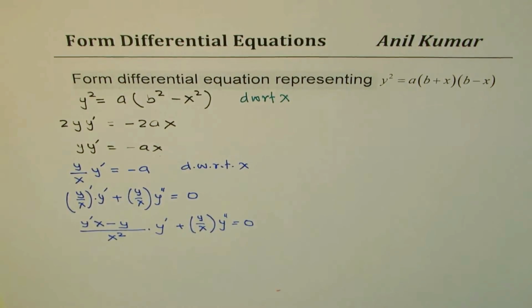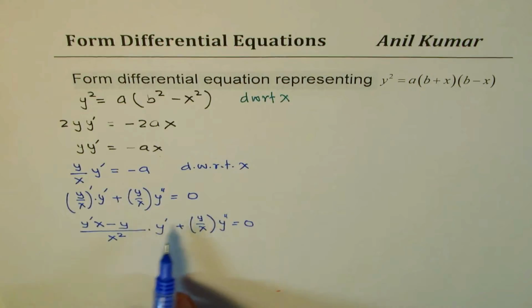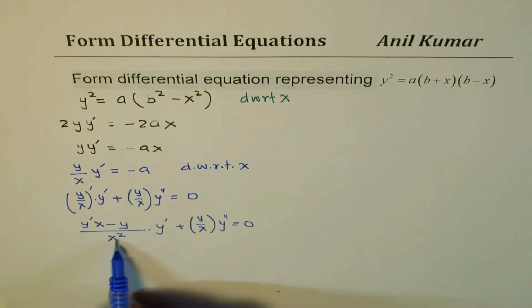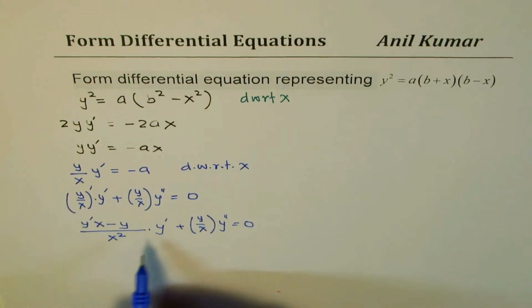You get the idea, right? So we could get an equation in this form. Perfect. Now you can actually rearrange, correct, and get the answer. So we'll multiply all the terms by x squared, so get rid of this denominator.